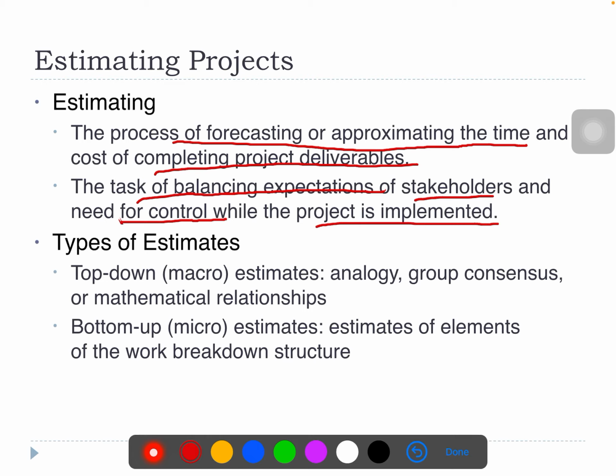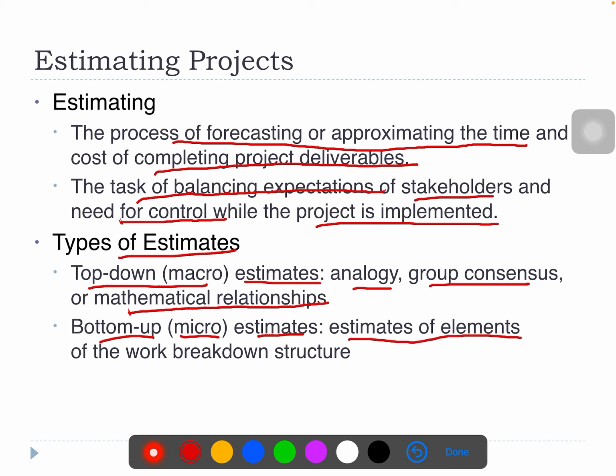There are two types of estimates: the top-down or the macro estimates, where it uses analogy, group consensus, or mathematical relationship, and bottom-up, the micro estimates, where it involves the estimates of elements of the work breakdown structure, which is much more detailed in the bottom-up, whereas the top-down is more mathematical, analogical, and theoretical sometimes.